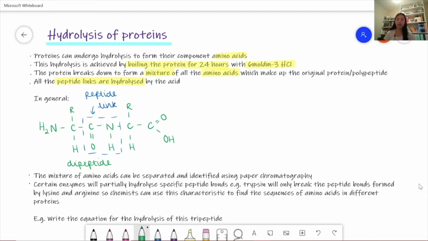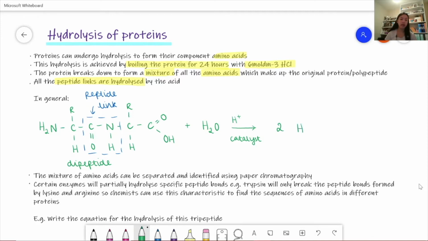And then we add some water with the presence of a H+ catalyst. So this H+ catalyst comes from the hydrochloric acid, and we form 2 of this amino acid. And in this example, we've assumed that we've used the same amino acid to form this dipeptide.